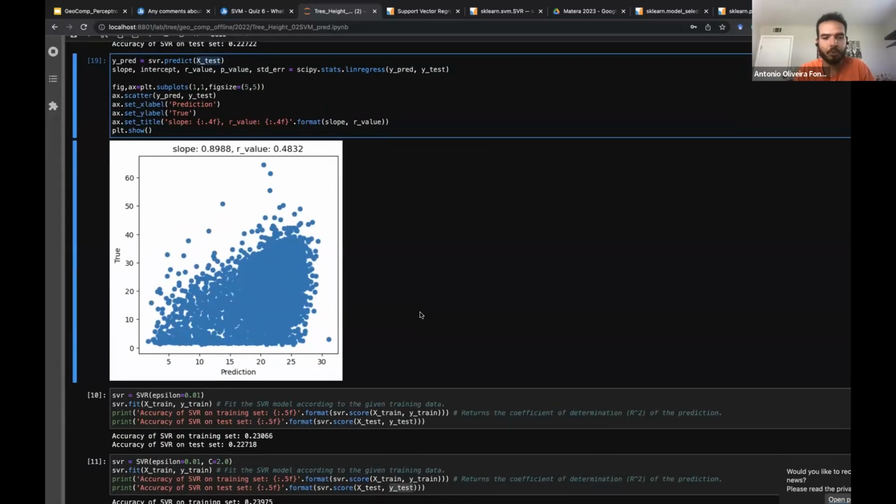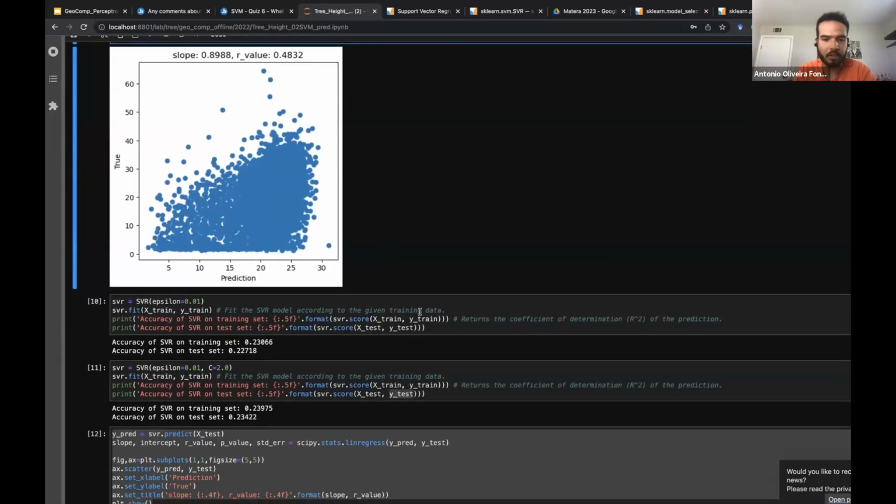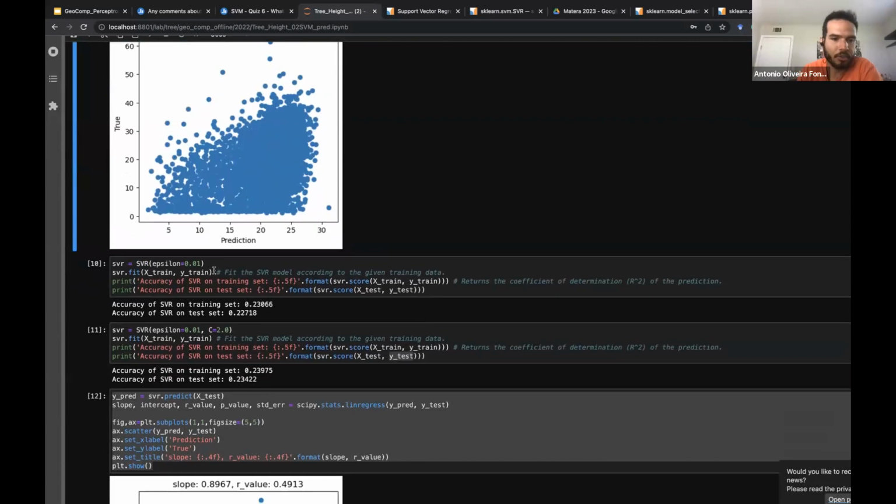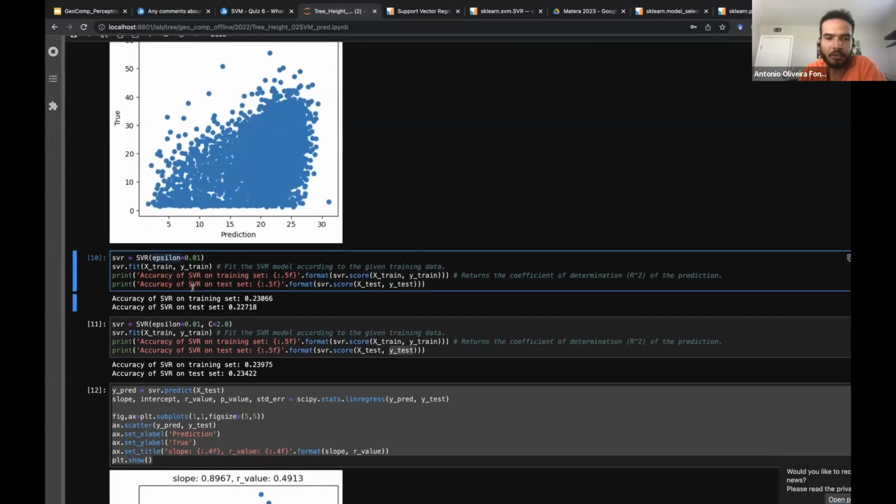Okay, so maybe we can move on a little bit. Let's see what the impact of other parameters is. We have been using just the defaults so far. Remember that epsilon was 0.1 before. Let's see what happens when you make this margin even narrower.